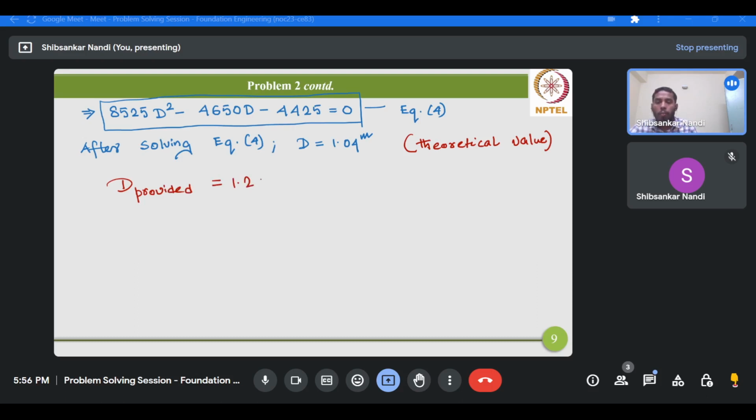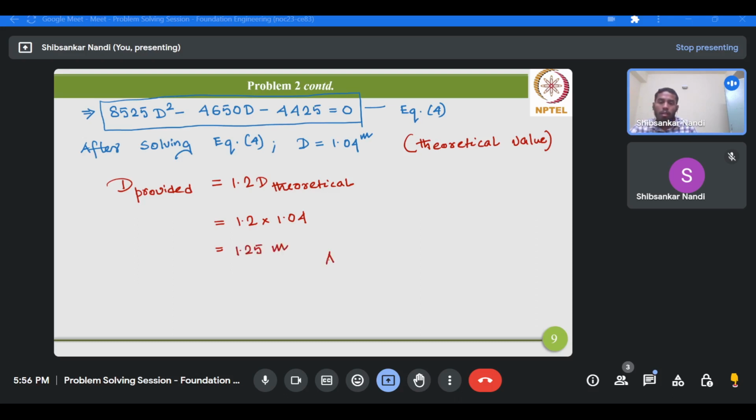Therefore 1.2 times D theoretical, that means 1.2 times 1.04, and it will be 1.25 meter.